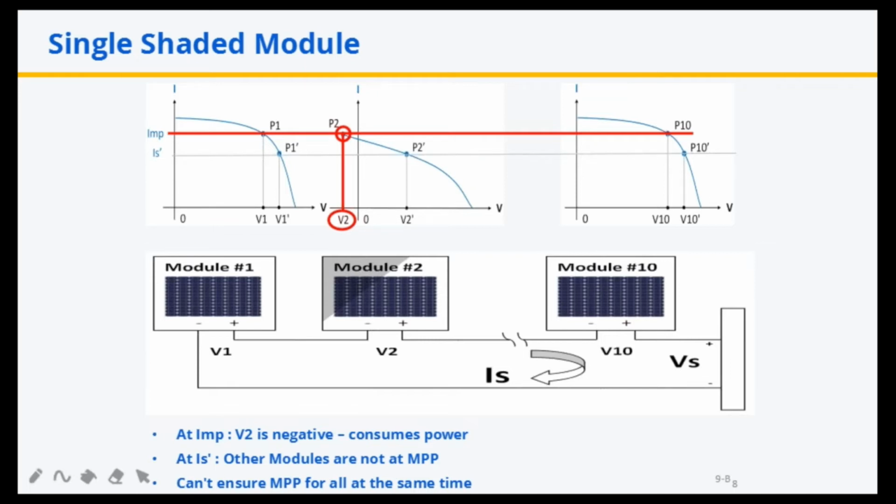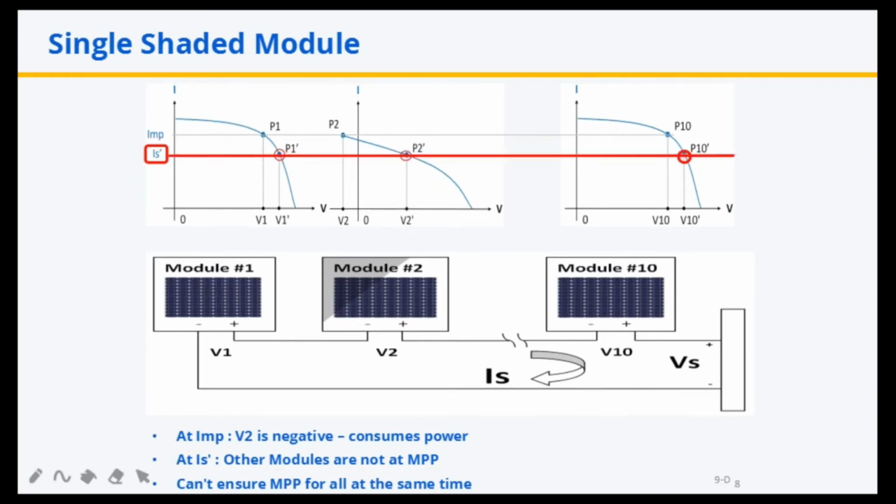Actually, when a module gets shaded, the string voltage drops. So the string inverter realizes that something is wrong. It reduces the string current to a value Is dash, lower than IMP. Let us draw a horizontal line corresponding to Is dash.